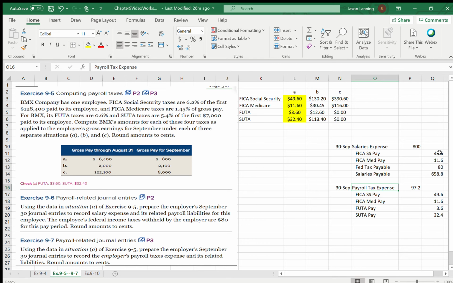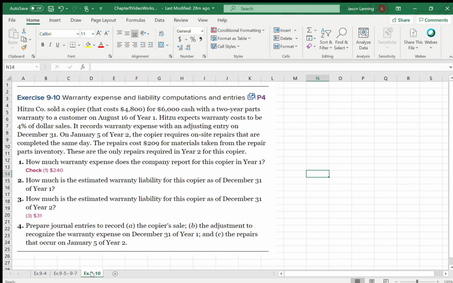They'll be debiting the Medicare payable for $23.20. Debiting Fed tax payable for $80, debiting FUTA and SUTA payables for $3.60 and $32.40 respectively, and then they'll be crediting cash because when they make that tax deposit, of course, they'll have to submit it. So that's how we look at payroll taxes there in a quick rundown.